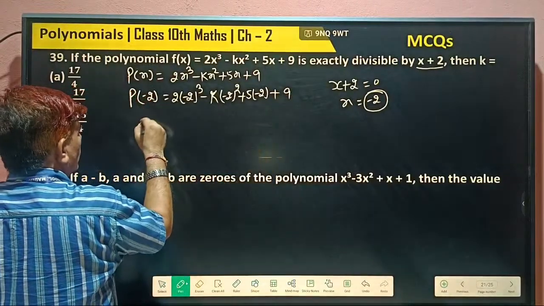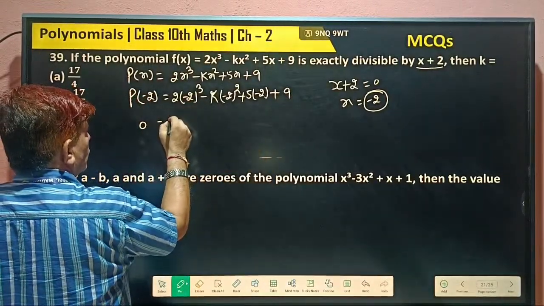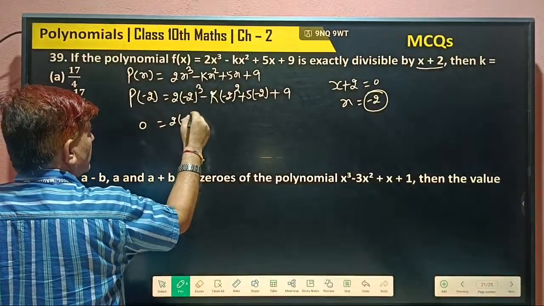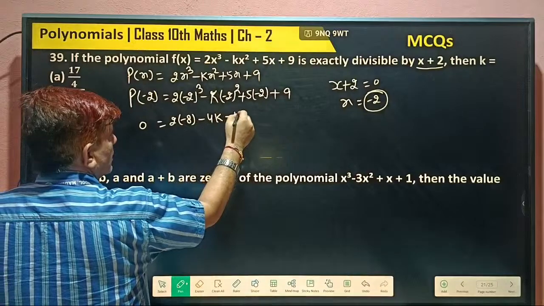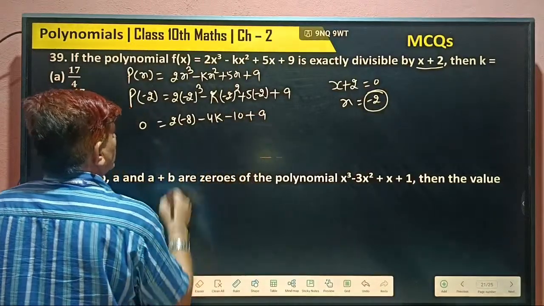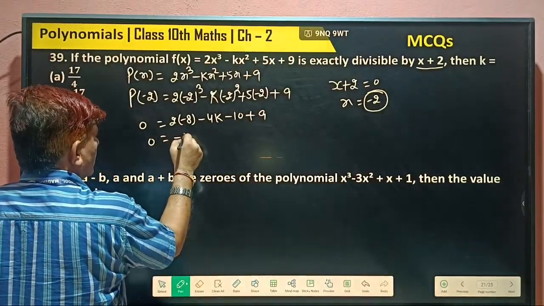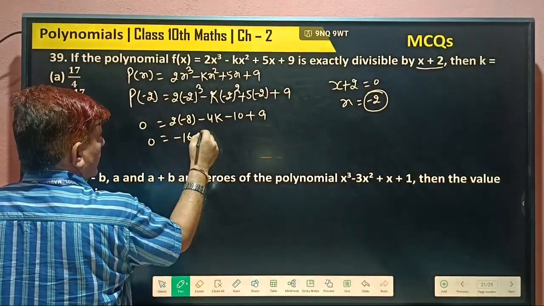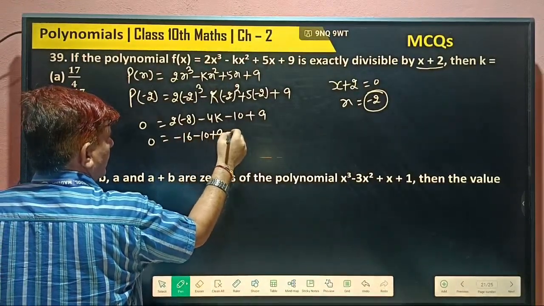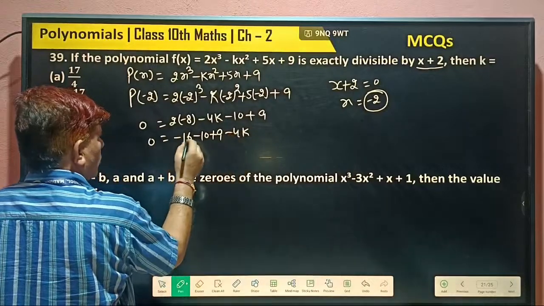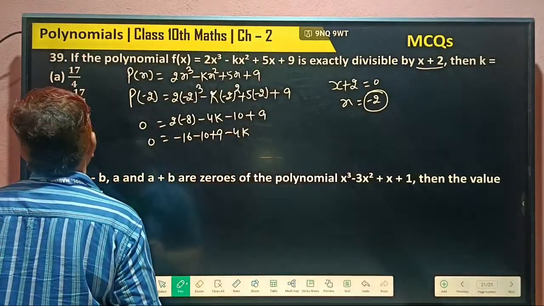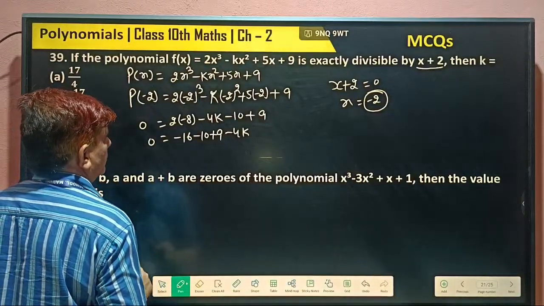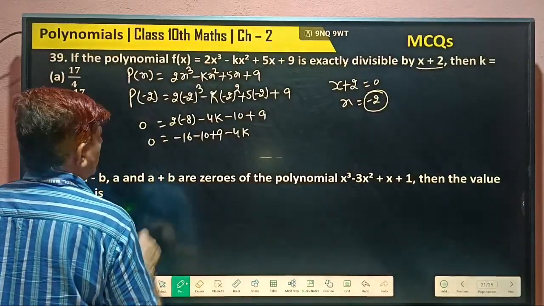This equals 0. So 2 into minus 8 is minus 16, minus 4k, minus 10 plus 9. So how much? Minus 16 minus 10 is minus 26, plus 9 gives minus 17.